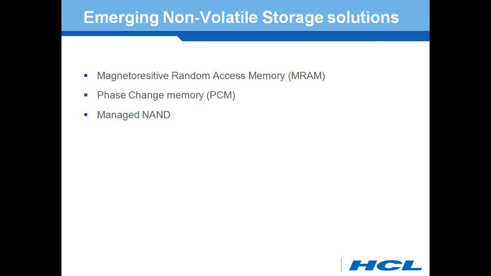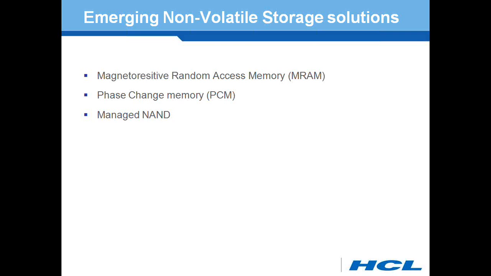Similar to flash, this is also non-volatile, and compared to flash, the read-write performance is much higher. It will be in terms of nanoseconds, and also we can do unlimited read-writes.